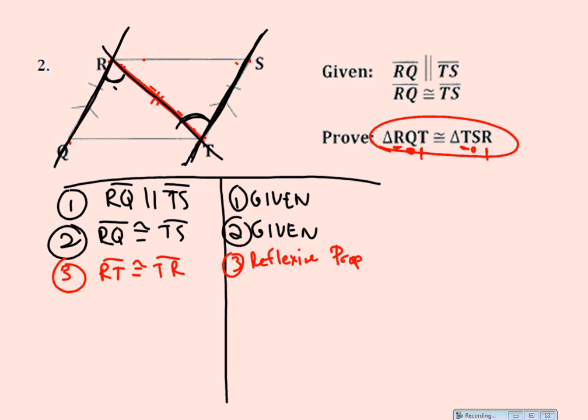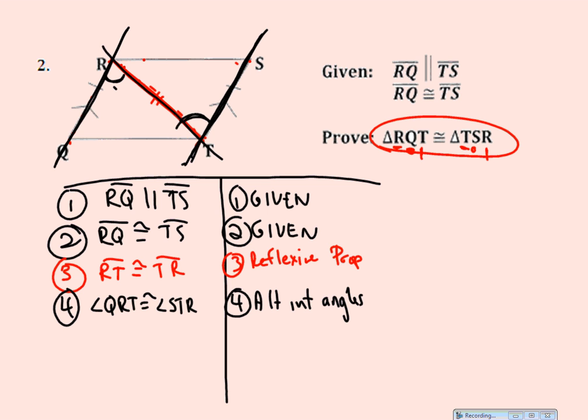All right, cool. I know that they are congruent. So I can say angle QRT is congruent to angle STR because alternate interior angles are congruent.